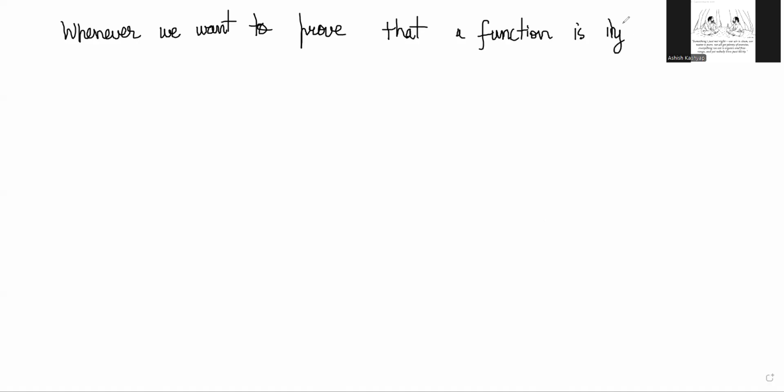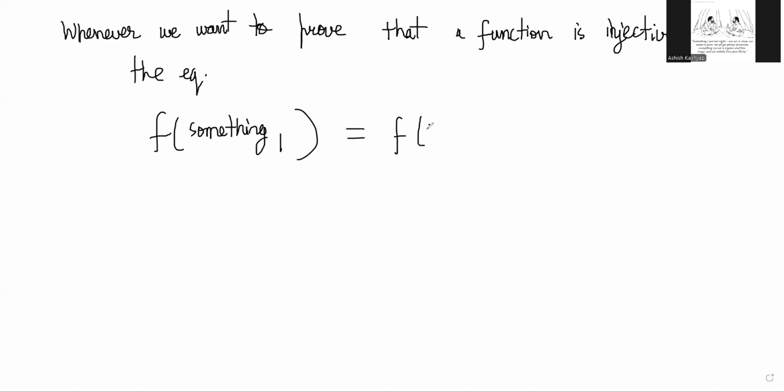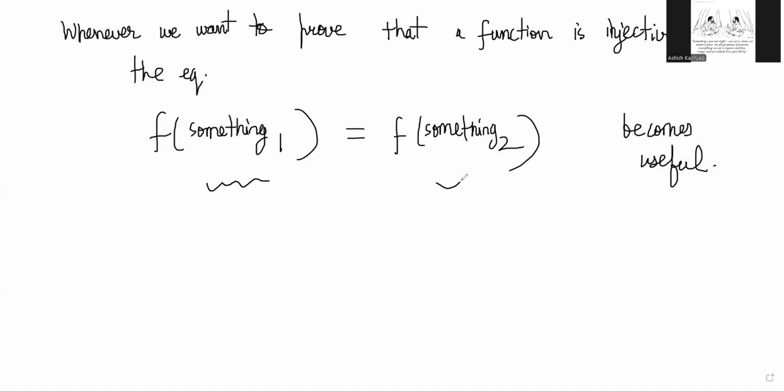Whenever we want to prove that a function is injective, the equation f of something 1 is equal to f of something 2 becomes useful because for injectivity, if this is true, then we have to be able to equate something 1 to something 2, right?